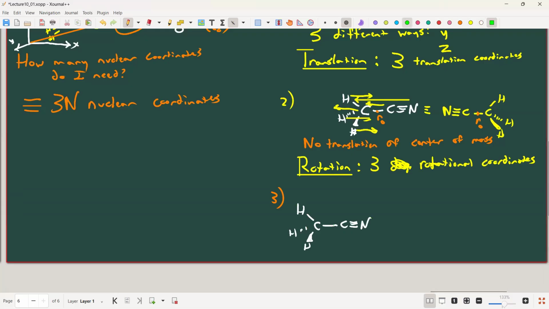Let's put the center of mass on a molecule right here. The atoms displace relative to the center of mass, but the center of mass doesn't move. So maybe I move this atom this way a little bit, this one this way, and this one this way. And that gives me a stretched out molecule.